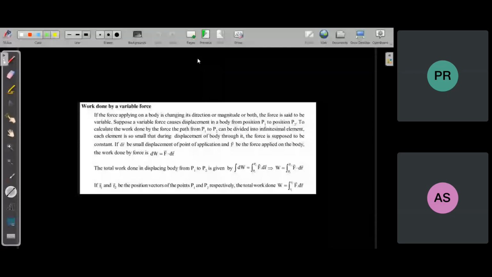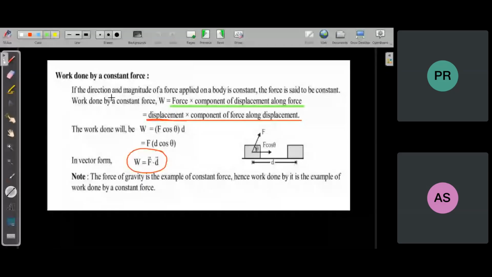Okay. Now here comes a very important thing: whatever we have discussed right now is true for work done by a constant force. If the force is changing, then when you take the dot product of force and displacement, which value of force will you substitute? Because the force has a different value at different times.